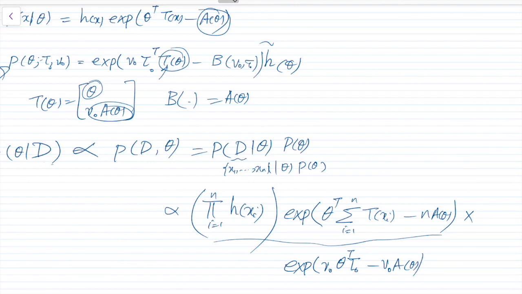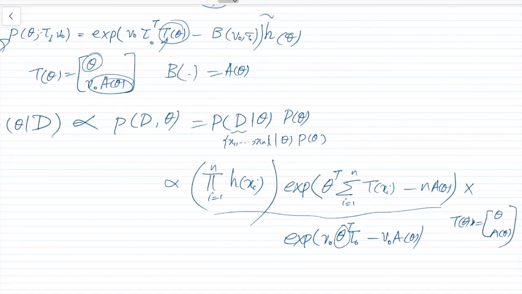So the nice thing about that is that, because my new sufficient statistic of theta looks like theta and A, I was able to write it like this. So I can absorb these two terms together.